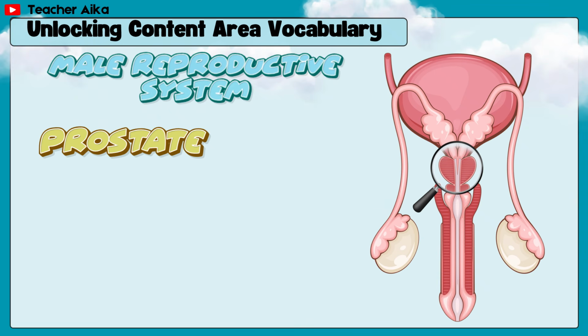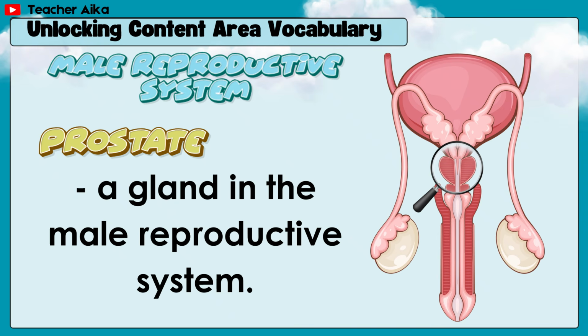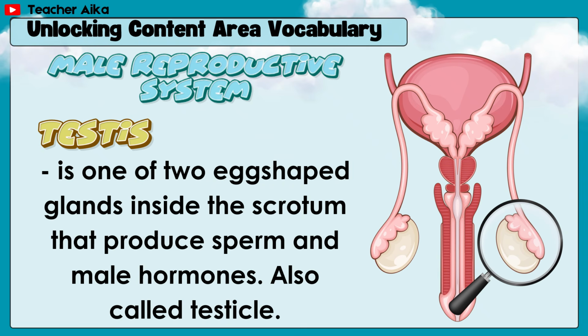Prostate, a gland in the male reproductive system. Testes is one of two egg-shaped glands inside the scrotum that produce sperm and male hormones, also called testicle.